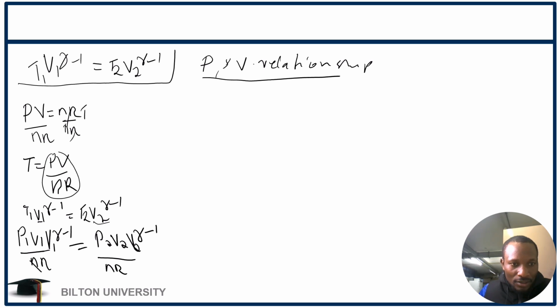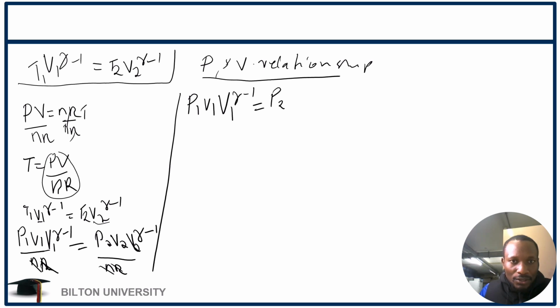N is constant, we assume it is 1, and R is a constant, so they cancel each other, and that will leave us with P1 V1 times V1 to the power gamma minus 1 is equal to P2 V2 times V2 to the power gamma minus 1.